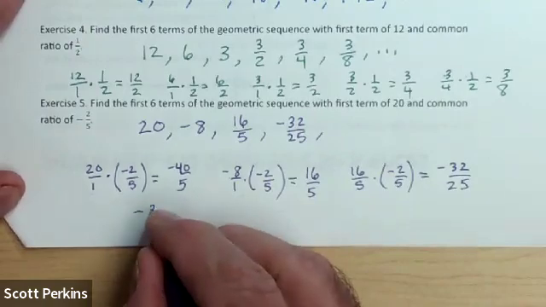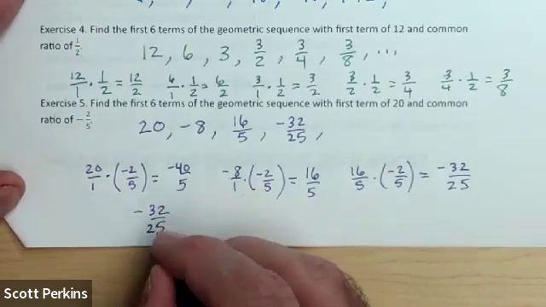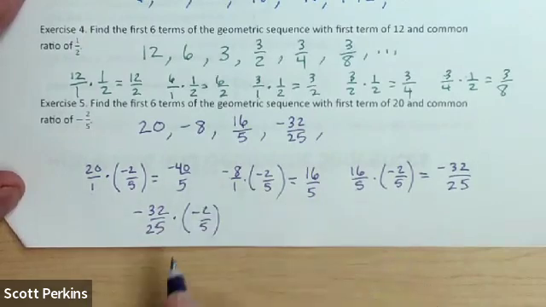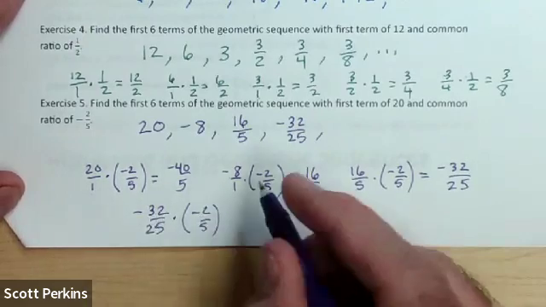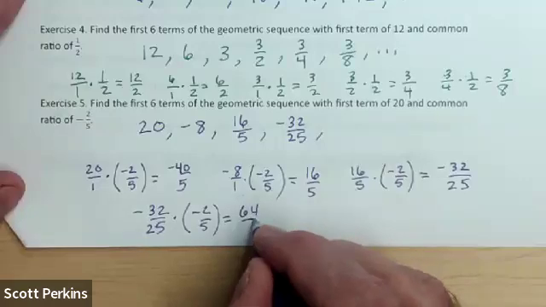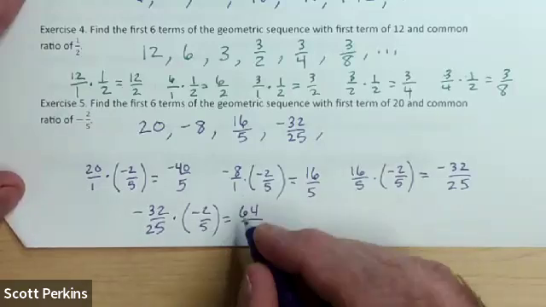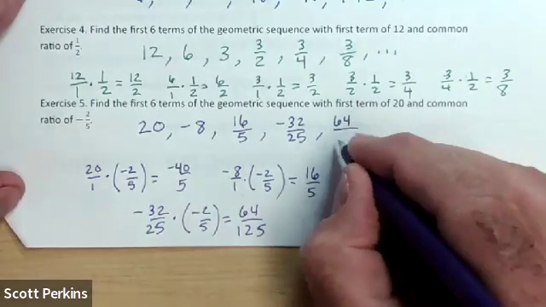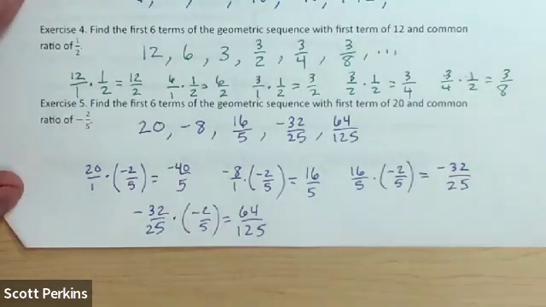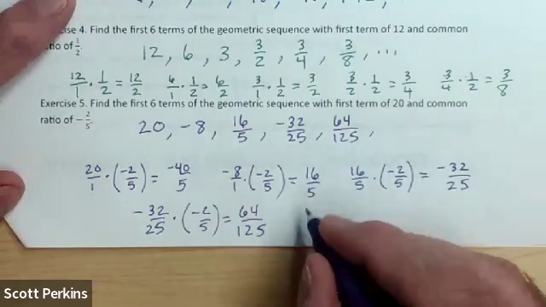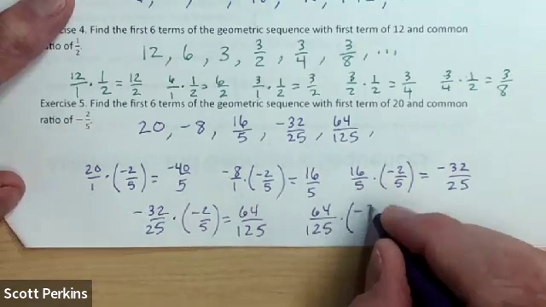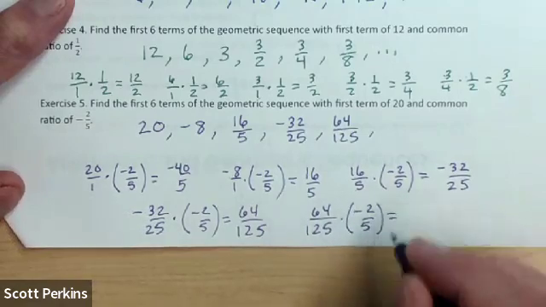So then I've got -32/25 times -2/5. So -32 times -2 is +64. 25 times 5 is 125. So that's +64/125. And last but not least, the 64 over 125 times the negative 2 over 5 one more time.